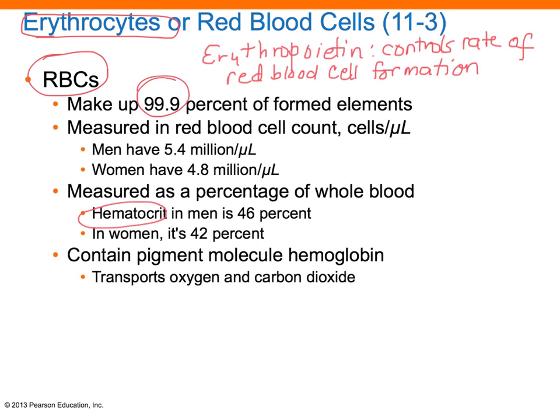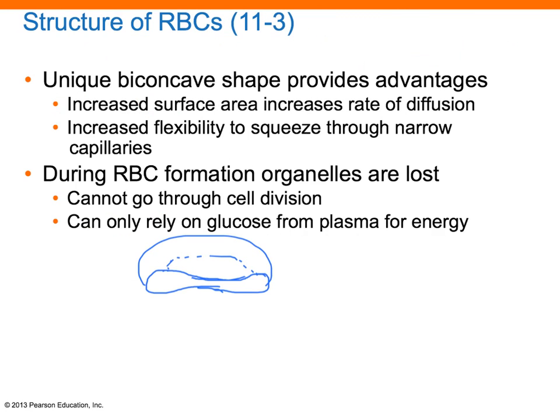Red blood cells contain a molecule called hemoglobin, and the hemoglobin is what's responsible for transporting oxygen and carbon dioxide. And in a few slides, we will get into the hemoglobin structure and function, which is actually quite fascinating. The red blood cell has this sort of biconcave shape, which I attempted to draw, so very horrible.